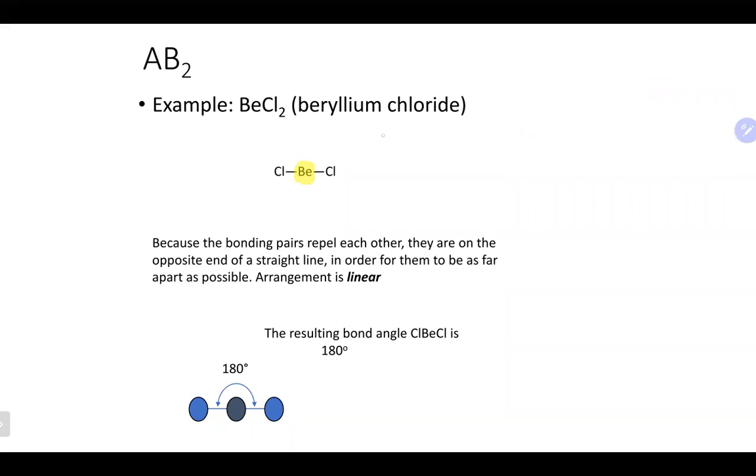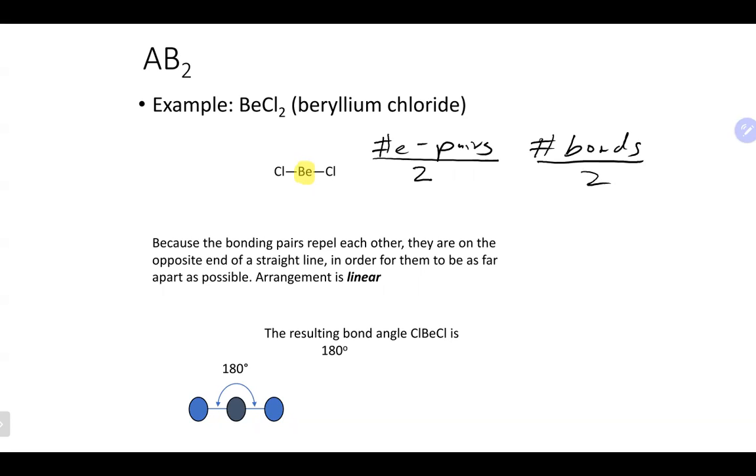I want to know the number of electron pairs. And those can be lines, they could be dots, it doesn't matter, the total number of electron pairs. In this case, the beryllium has 2 electron pairs, a bond on each side, right? One is each electron pair. The number of bonds there are is also 2 in this case, right? One on each side of the beryllium.